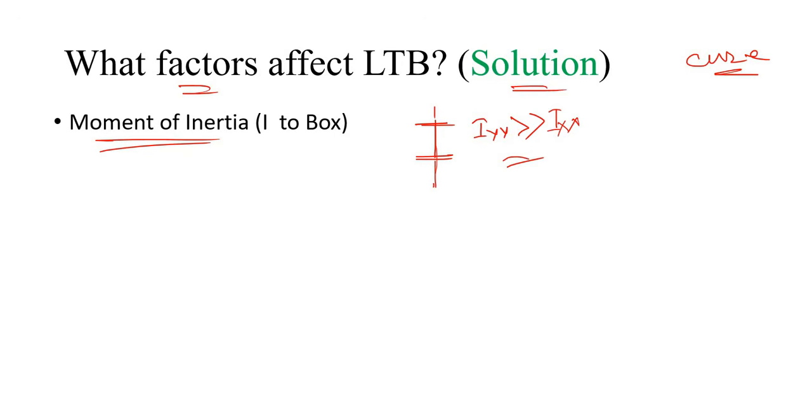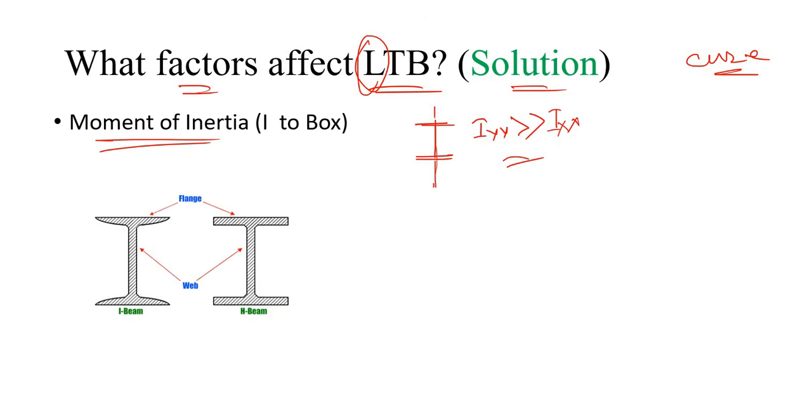And if something is not buckling horizontally, then it is not lateral torsional buckling, because lateral by default means it has to buckle sideways. So what are the solutions? We will increase the moment of inertia about the minor axis.